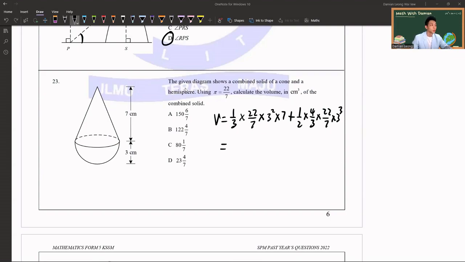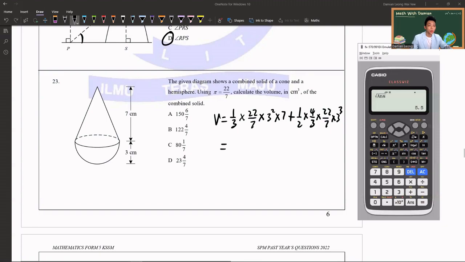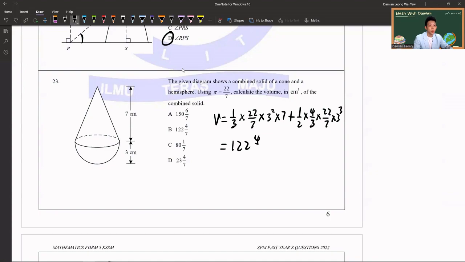If you want to straight away take 2/3 instead of times half, also is fine. It's the same thing. 1/3 times 22/7 times 3 square times 7, plus 1/2 times 4/3 times 22/7 times 3 cube, which will give us, with mixed number, I get 1224/7. Answer B.